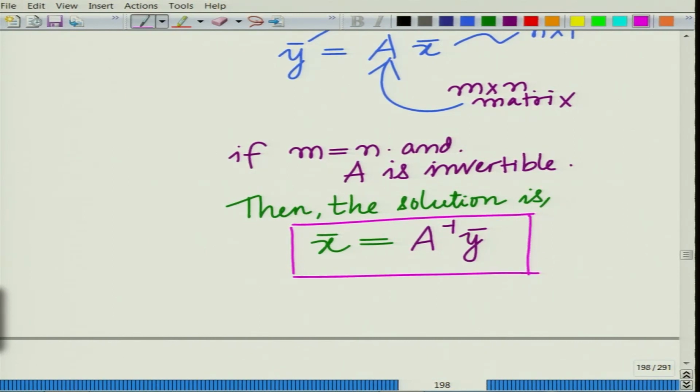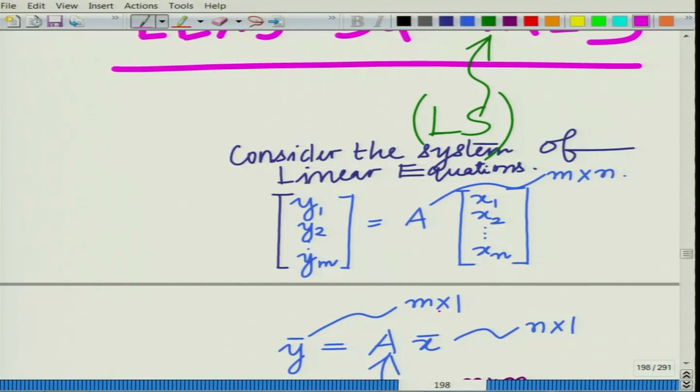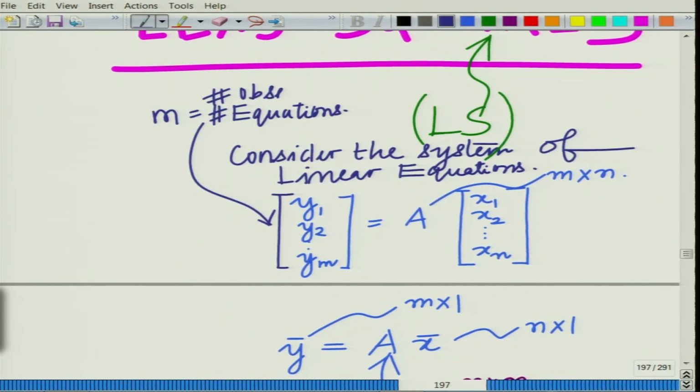However, now you see in this system, what is m? m is the number of equations or number of observations. You can also think of this in a practical system as the number of outputs, as in your wireless communication system.